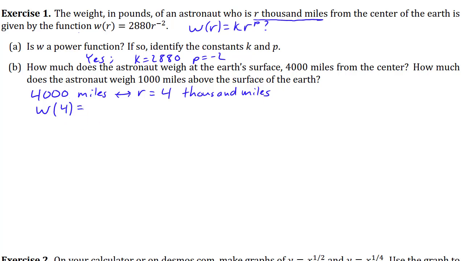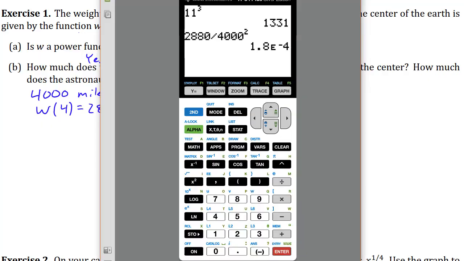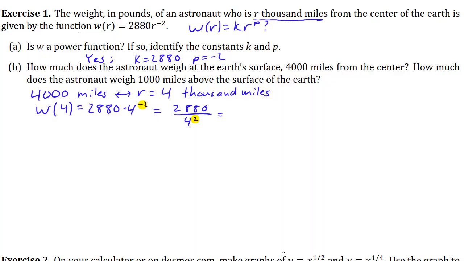So that would be 2,880 times 4 to the power -2, which is the same thing as 2,880 divided by 4 squared. That's what that negative exponent means. And that's 2,880 divided by 16, which is 180.